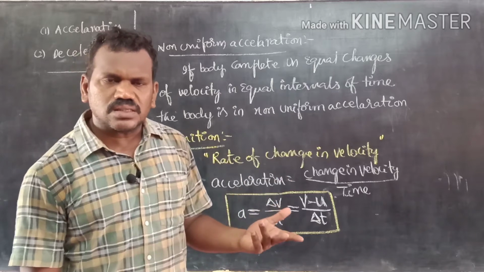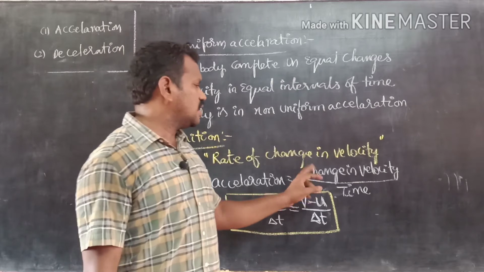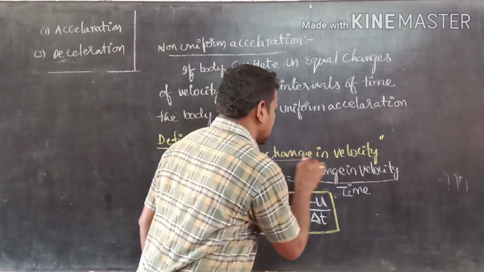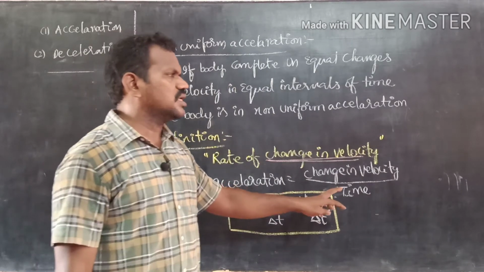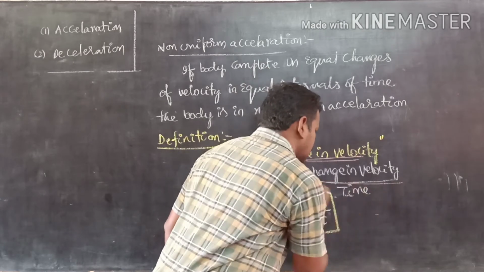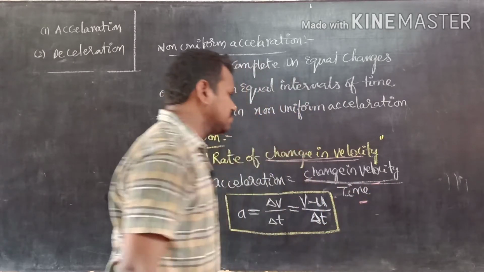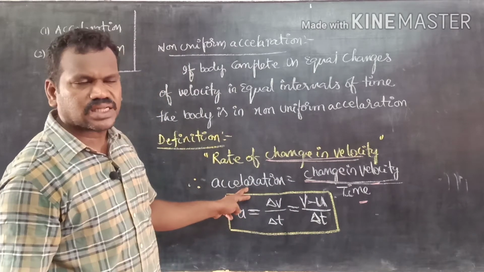Rate means comparing with respect to time. Here the physical quantity is the change in velocity. So we take the ratio of change in velocity with respect to time, and that is called acceleration.